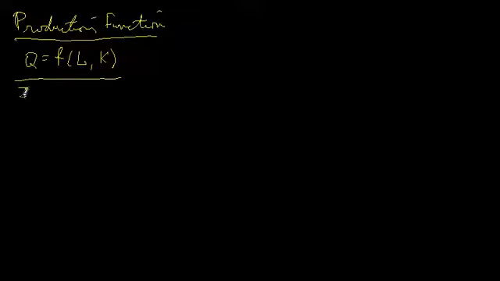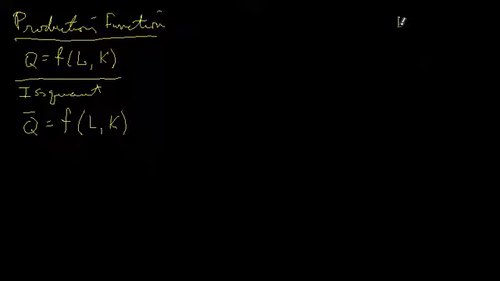What's called an isoquant is the implicit function for a given quantity of output that shows you all the amounts of L and K you can use to get that particular quantity of output.